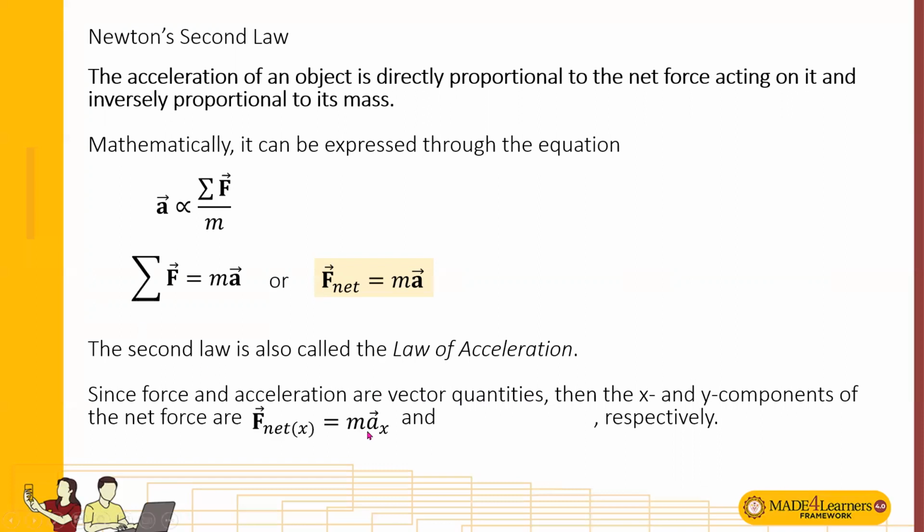For the motion along the y-axis, the net force along the y-axis will be the reason why the acceleration has reached that value along the y-axis. You need to solve the x and y components separately and use the resultant of the components to solve for the magnitude of the net force, or the acceleration if required.